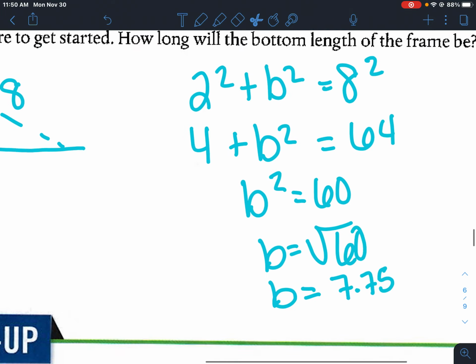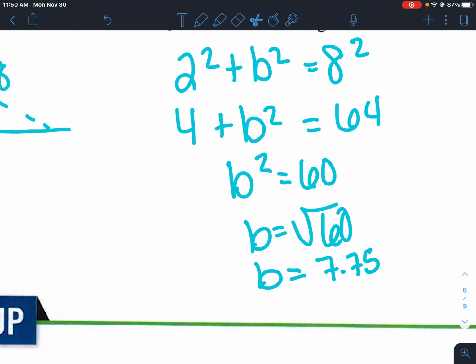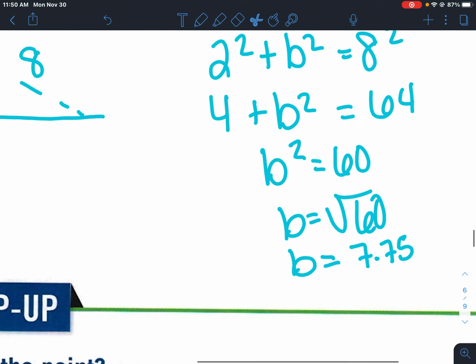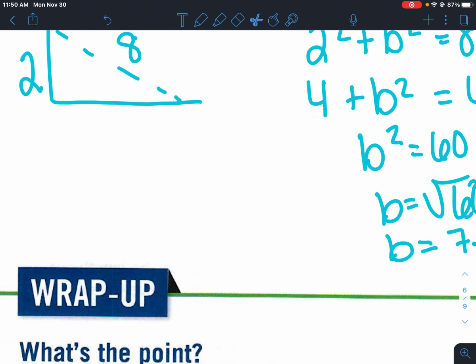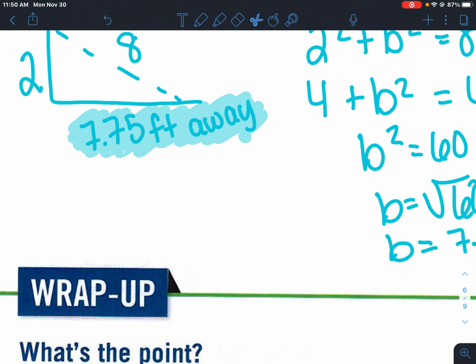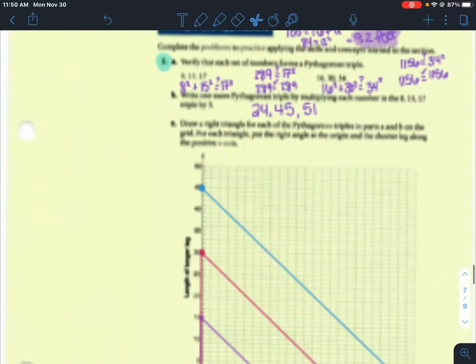So I will calculate the actual length as 7.75. Again, I just used Desmos. So my skateboard ramp is going to be 7.75 feet away from the wall. Okay, then there's a couple questions in the homework section for you to work on.